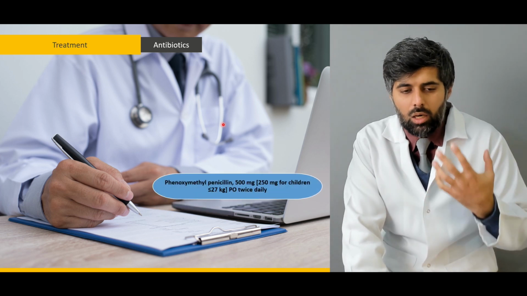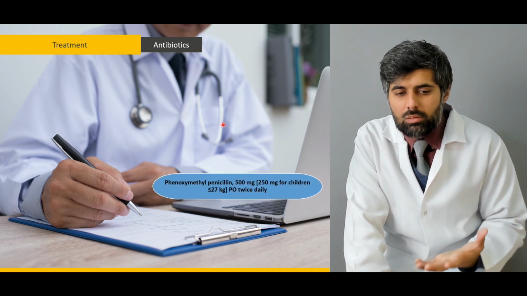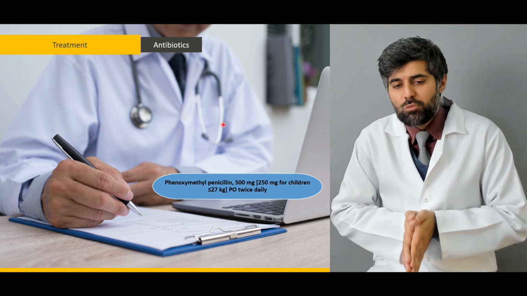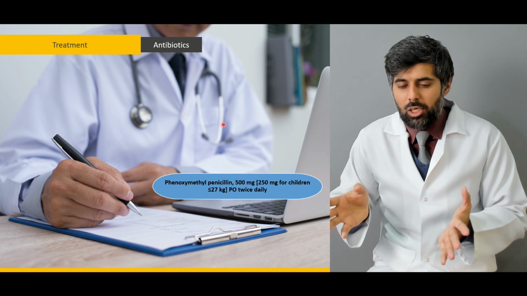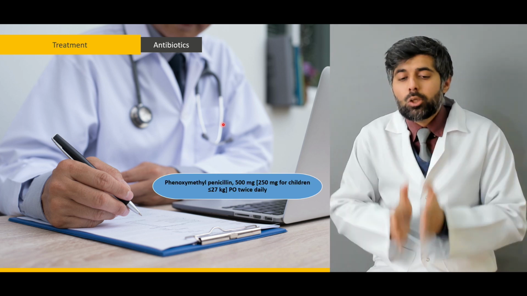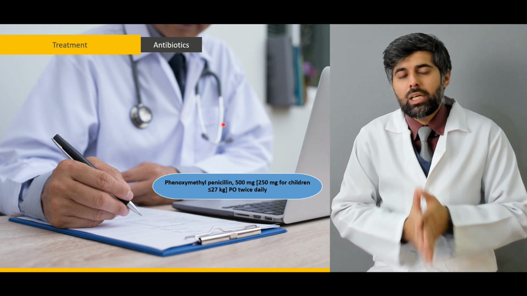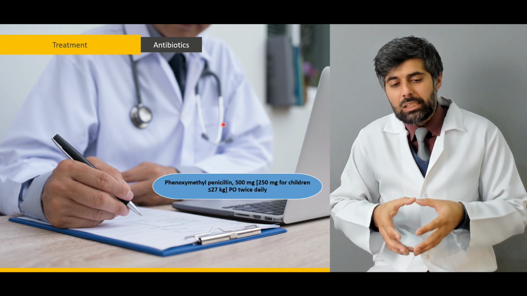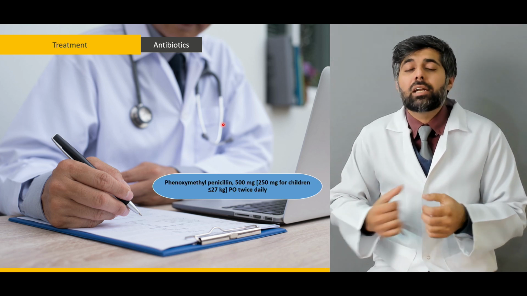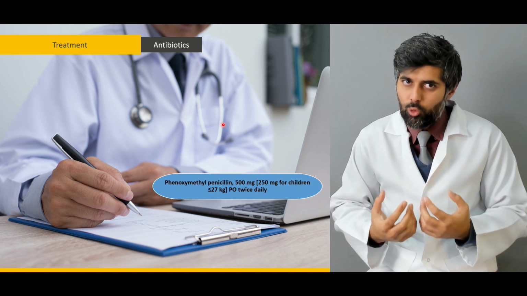So the antibiotics which are given usually in acute rheumatic fever are phenoxymethylpenicillin, which is given 500 mg, or 250 mg for the children, per oral twice daily. It is a special kind of penicillin which is only given twice daily, and it has to be given orally.